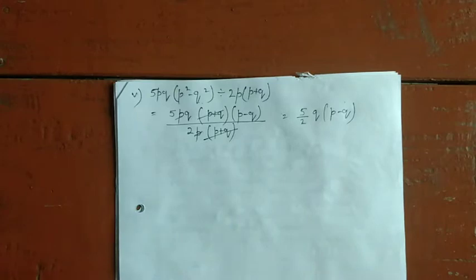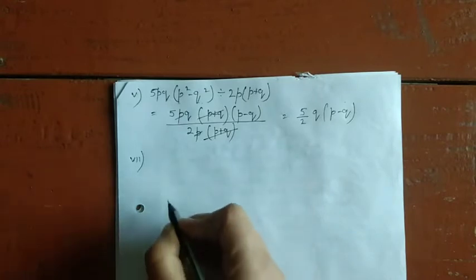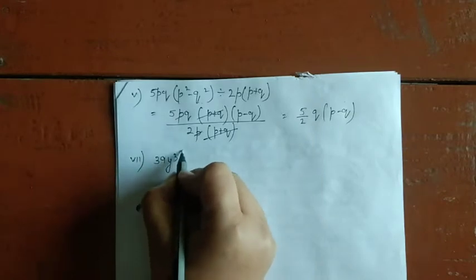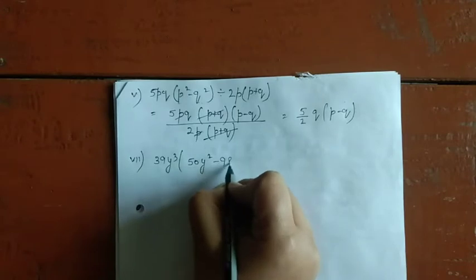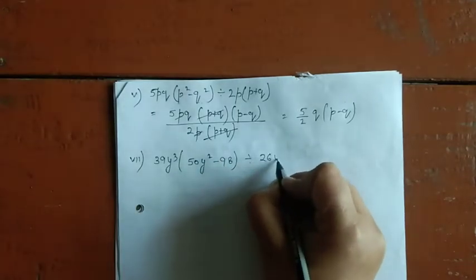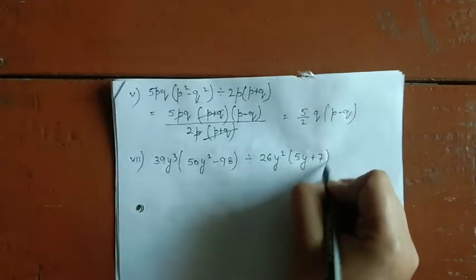Okay, one more part we will discuss, that is part 7. Just have a look at what is in that particular part. It is 39y cube, 50y square minus 98, and it needs to be divided by 26y square (5y plus 7).